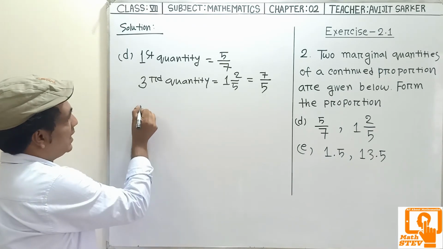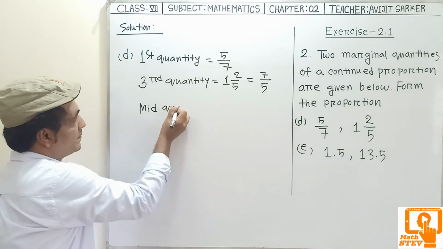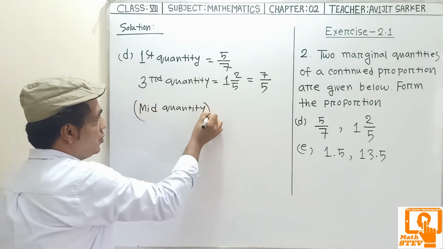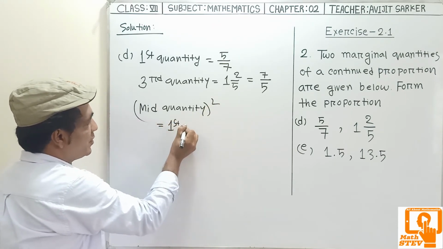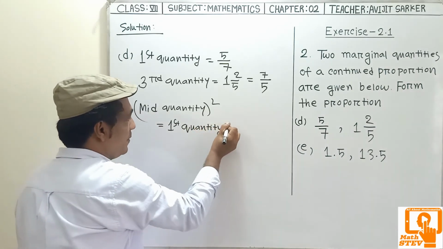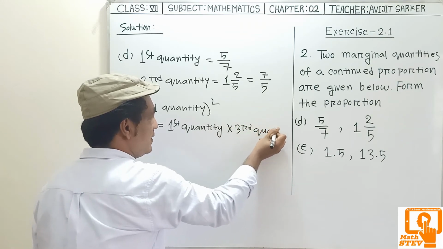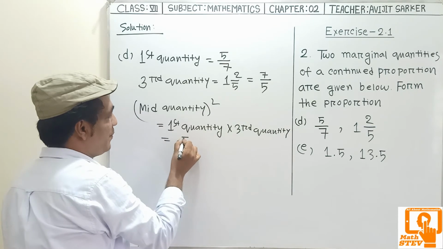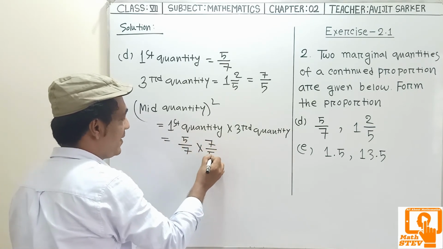Now we know mid quantity square equals first quantity multiplied by third quantity, equals 5 divided by 7 multiplied by 7 divided by 5.